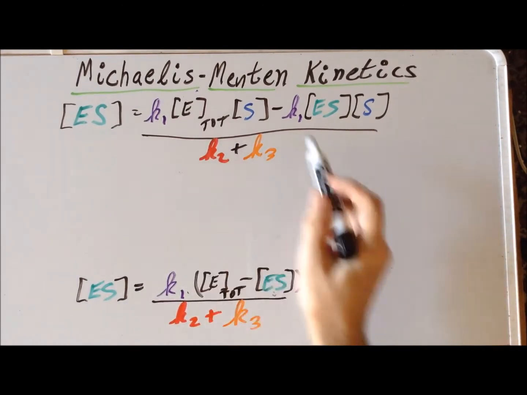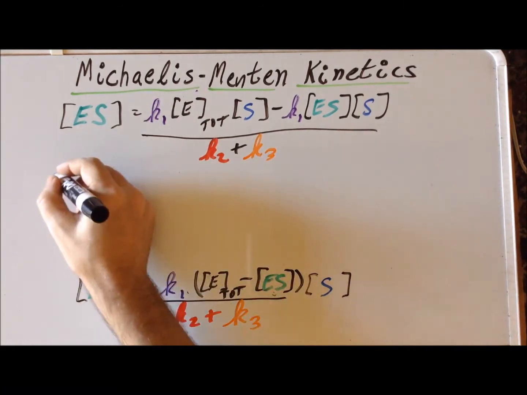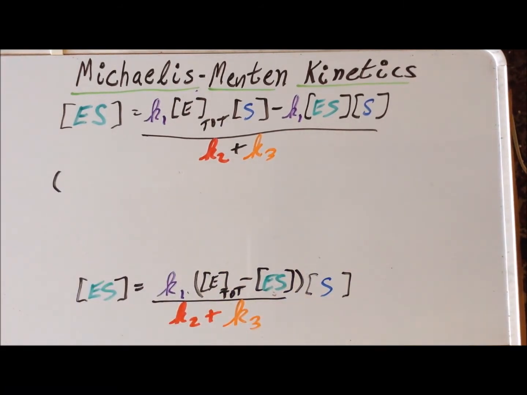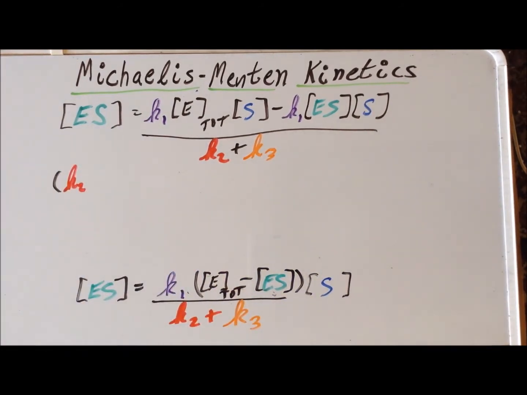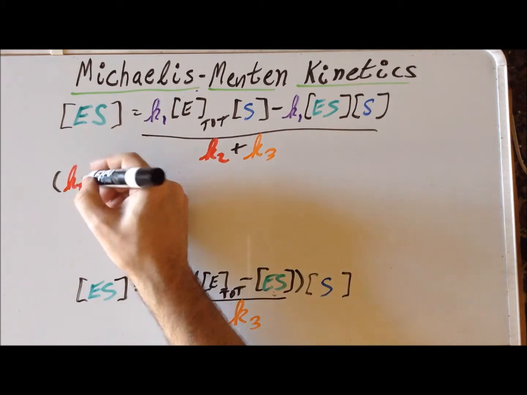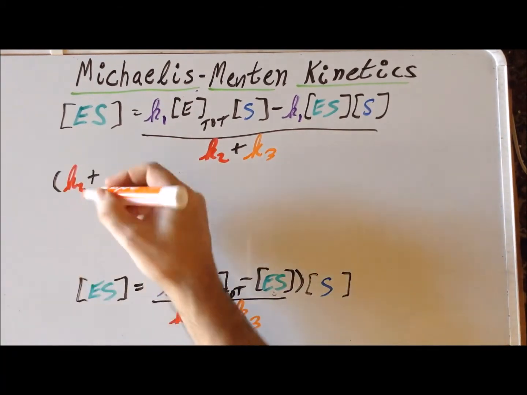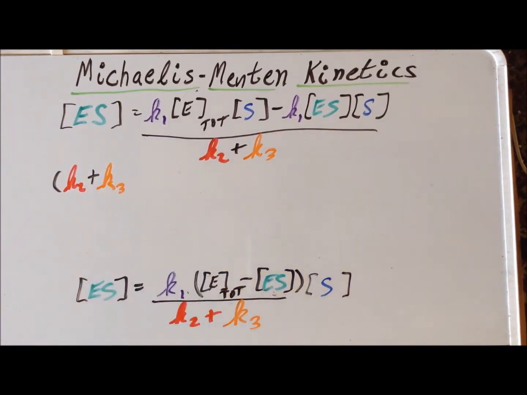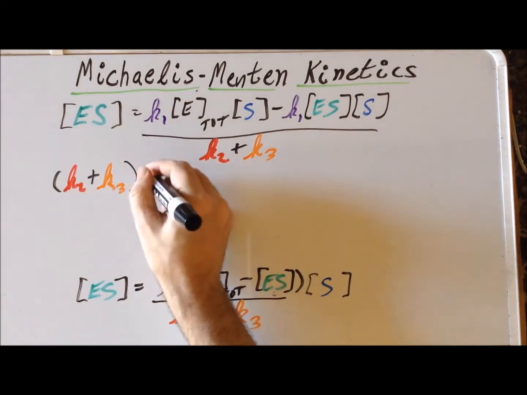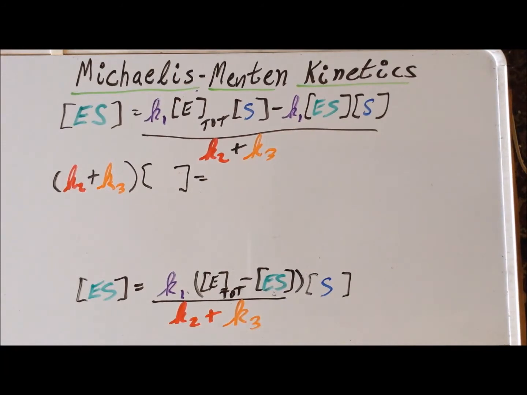Now we multiply each side of the equation by K2 plus K3, times the concentration of the enzyme substrate complex, ES.